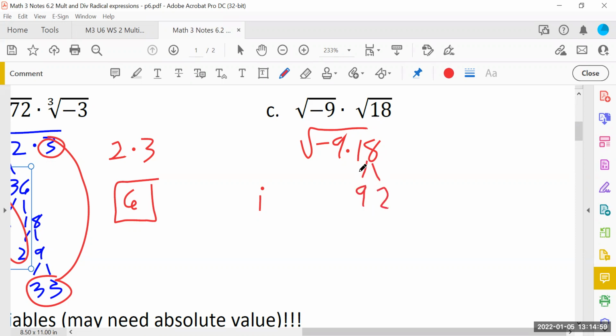Either way is fine. Either 2 pairs of 3s or 1 pair of 9s. Either way, you'll end up with 3 times 3 or just 9 on the outside. Square root of the 2 left over there. That would be my answer. 9i root 2.